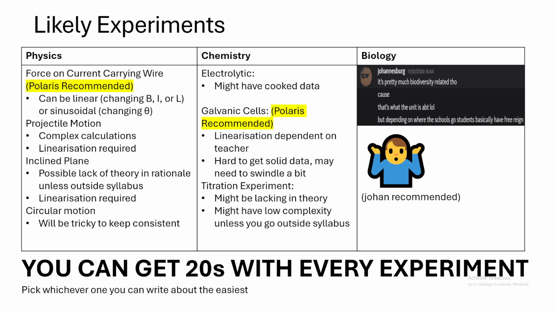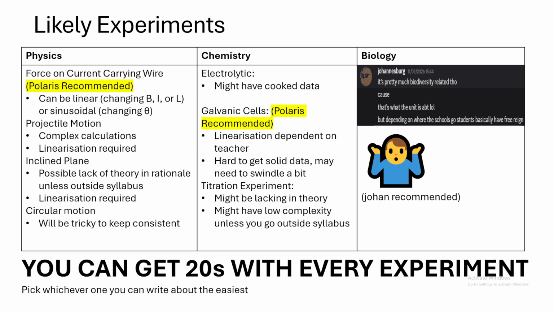Now, there are a lot of experiments to choose from, but the important thing to note is that whatever experiment you pick, you can get a 20 with it. It just depends how good your actual write-up is. So if you are struggling with deciding, choose an experiment that you are confident you can write a lot and in detail and at a very high level about.